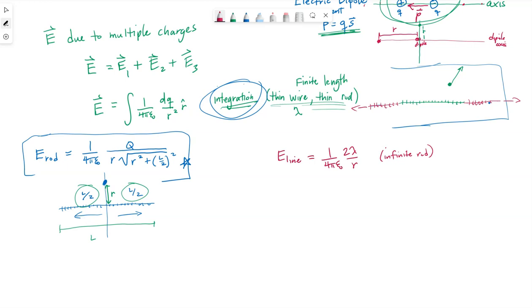And so in that case, the x components would always cancel out, and we would end up with only a y component of the electric field. So in this specific equation, lambda is the linear charge density.